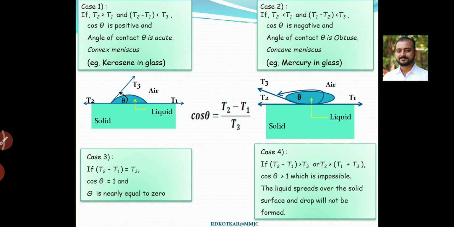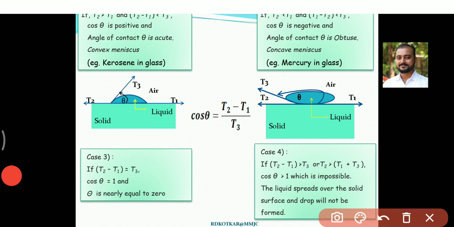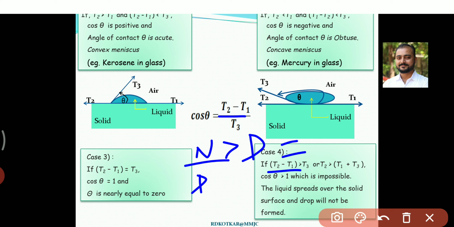Here the numerator is greater and the denominator is smaller, meaning the value of cos theta comes out greater than 1. The numerator is greater than the denominator, so the value always comes out greater than 1.